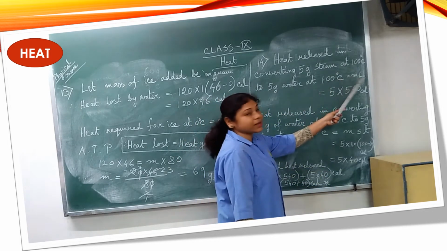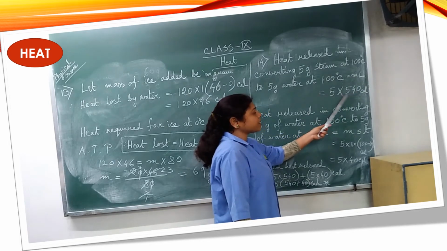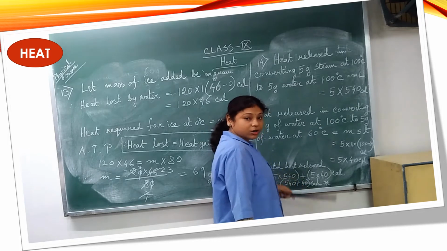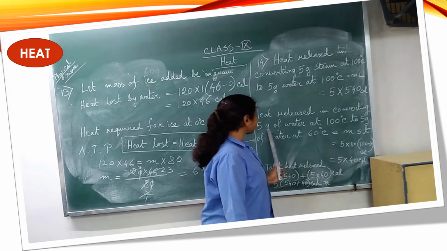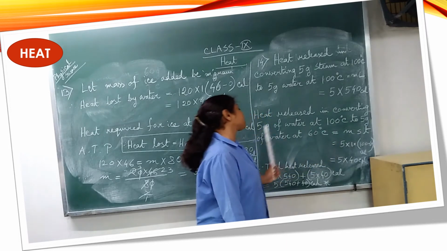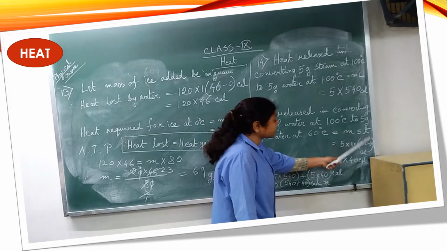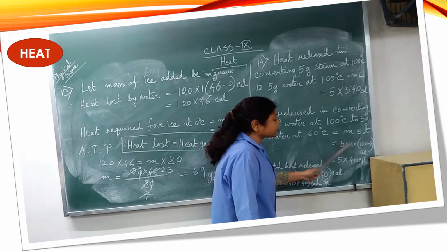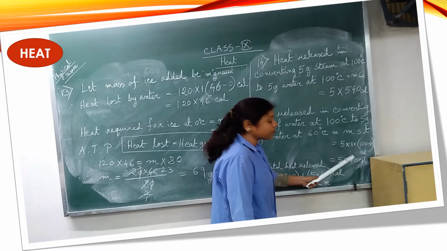It is equal to mL, where L means latent heat of steam, is equal to 5 into 540 calorie, already given in your question. Next, heat released in converting 5 gram of water at 100 degrees Celsius to 5 gram of water at 60 degrees Celsius is equal to mST, that is 5 into 1 into 100 minus 60 calorie, that is 5 into 40 calorie.